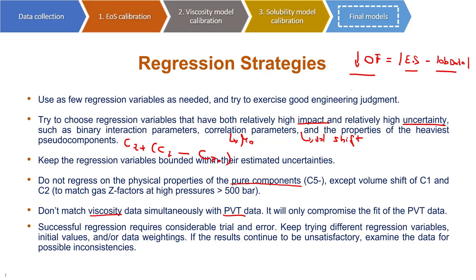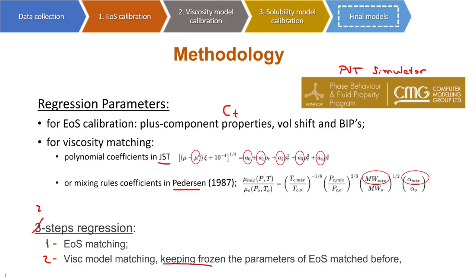So it's part of the optimization to build the objective function. And in this objective function, you need to include the parameters and the weights. So it's two things that you need to include, and you can do this using WinProp, for example, to conclude this exercise.